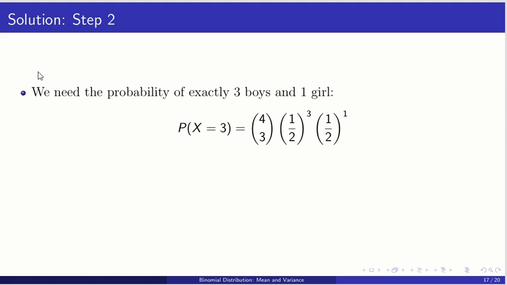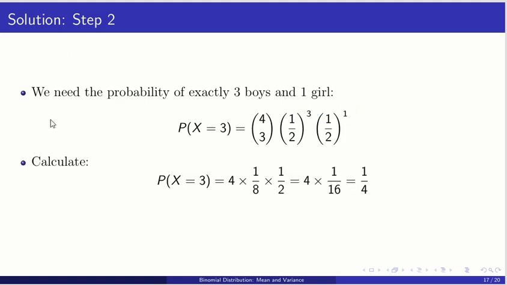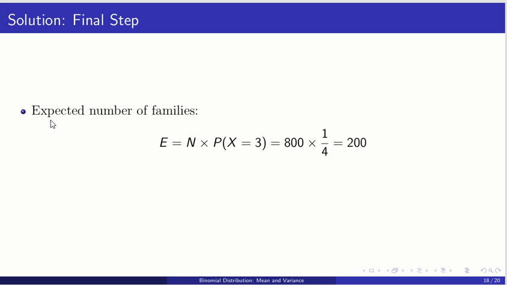Basically we need the probability of exactly 3 boys and 1 girl. So 3 boys is x and 1 girl means n minus x, so 4 minus 3. We just plug in the values and get 1 upon 4. So the expected number of families is 800 into 1 upon 4, that would be 200. That means 200 families will have 3 boys and 1 girl.